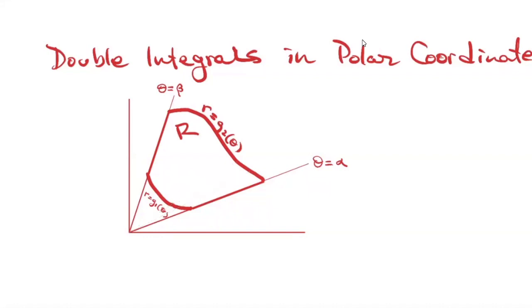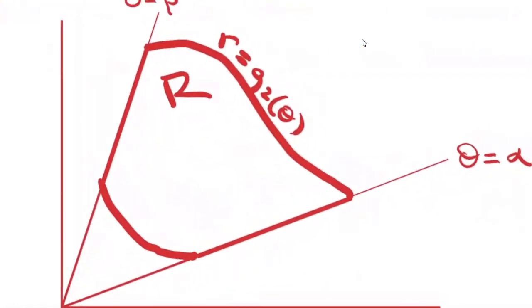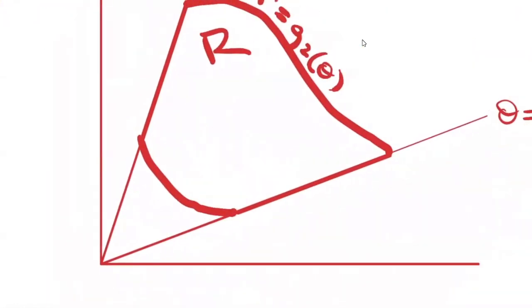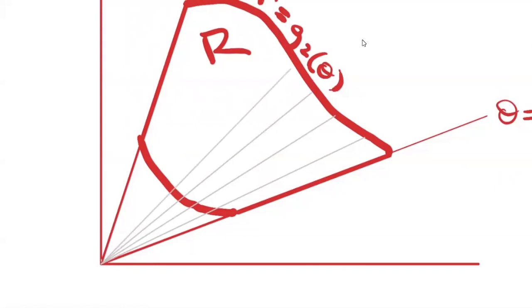I'm going to zoom in on this and chop it up real nice with slices that come from the origin like this. You get the idea. Those are slices in one direction.